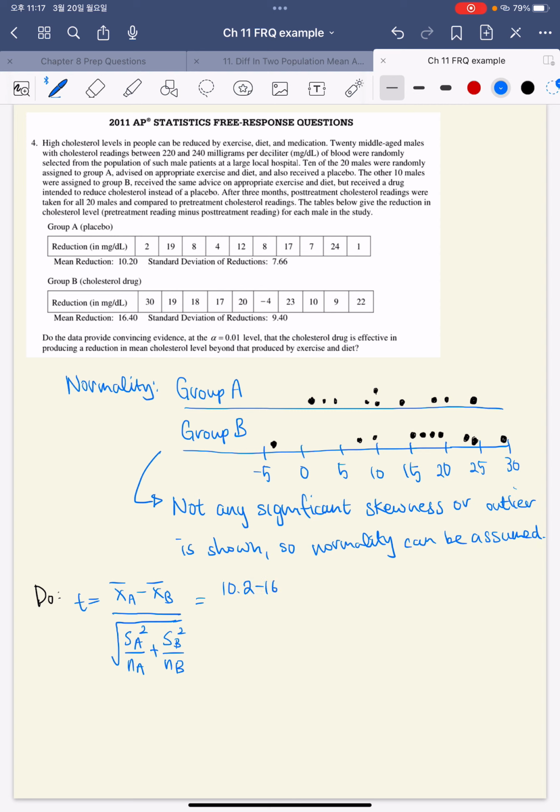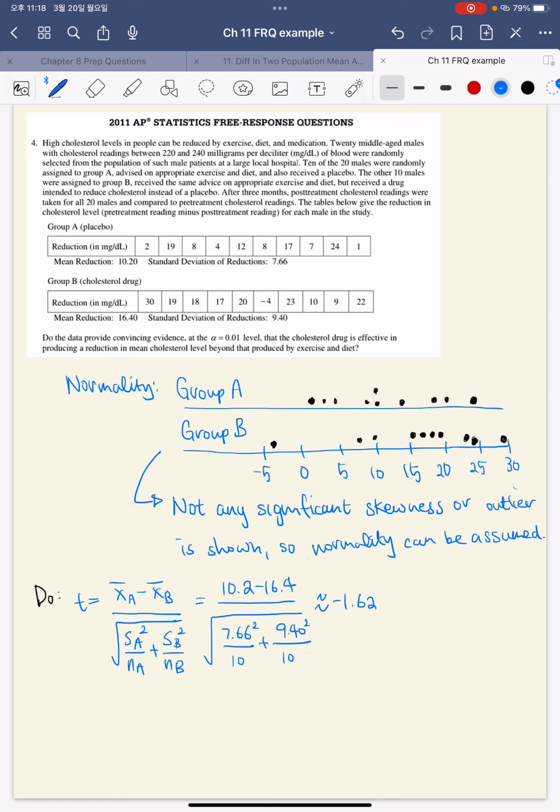10.2 minus 16.4 over the square root of 7.66 squared over 10 plus 9.40 squared over 10. Now I'll actually just do the calculation myself. You're supposed to be getting a value of negative 1.62.